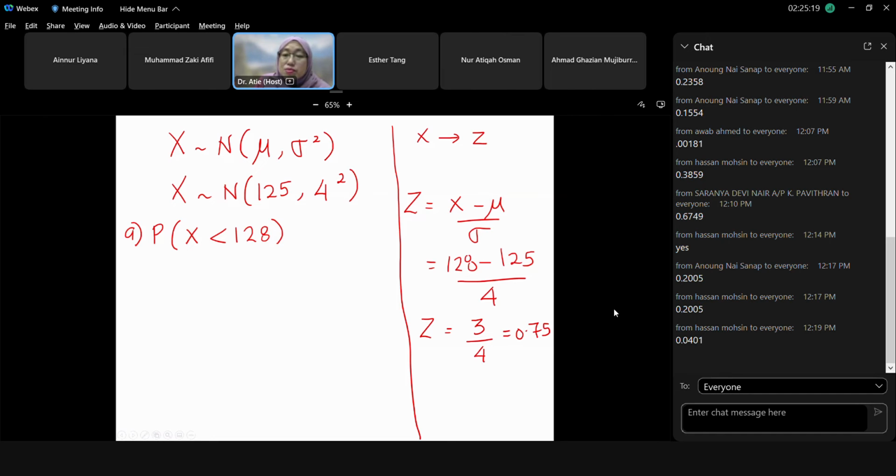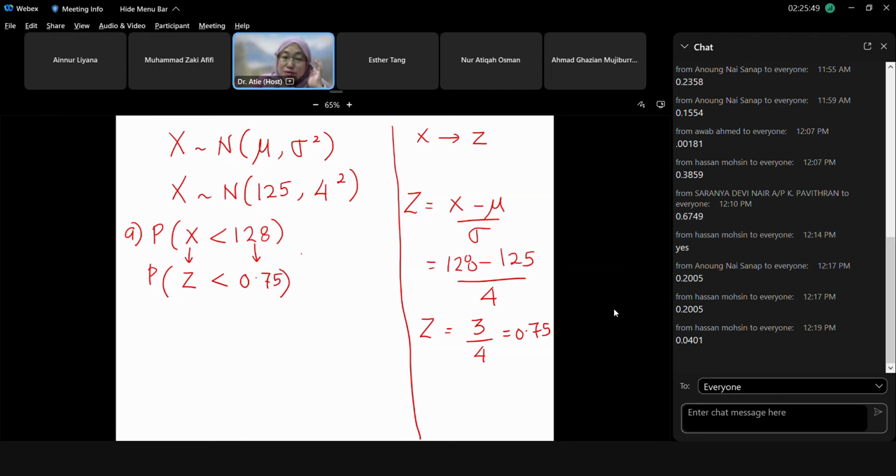I want you to calculate the conversion in the margin provided on the right. Then from here it is easy. We already converted X to Z, and this time the number here is 0.75.